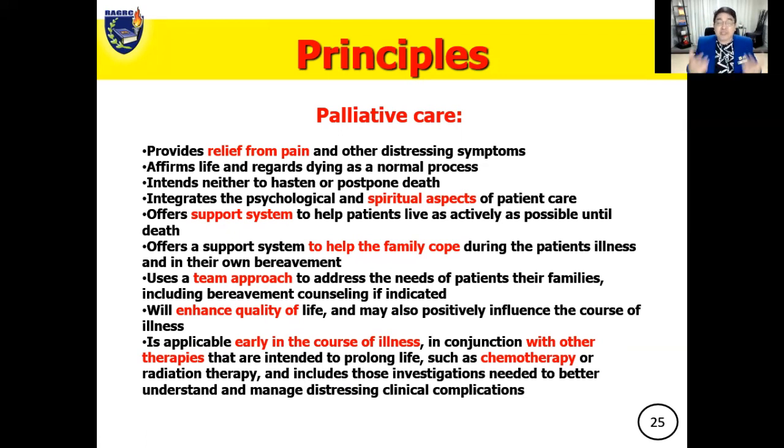And it could also be done in conjunction with treatments that are intended to prolong life, like chemotherapy or radiation therapy. So there's no need for the patient to stop undergoing these types of therapeutic interventions while palliative care is actually being implemented.